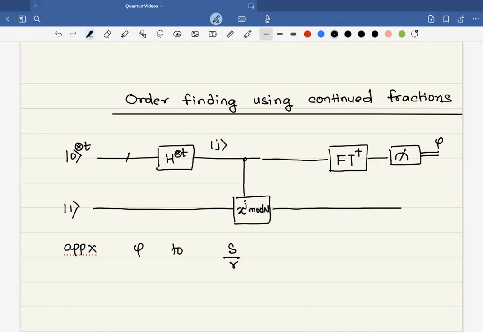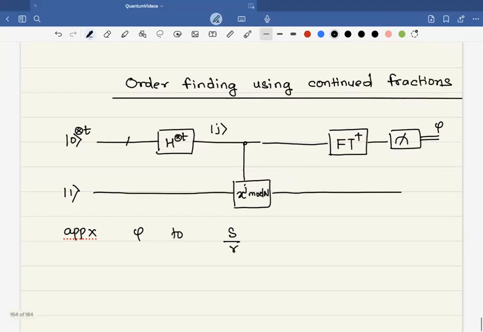So we'll essentially get a t-bit approximation to S over R, or rather a little bit lower than t, but we'll get an approximate answer to S over R. But then we need this denominator R over here. So how do we get there? And that's the idea of the continued fraction.